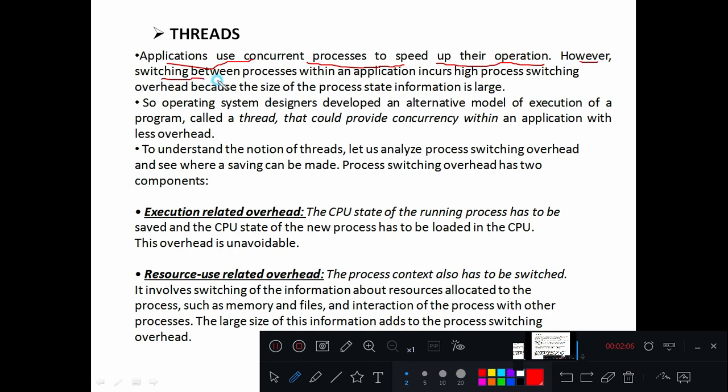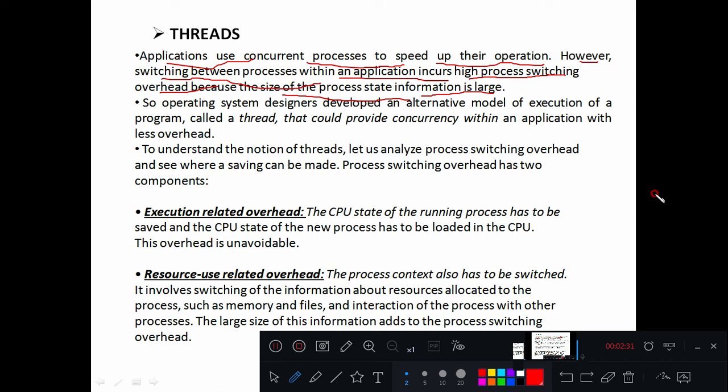However, switching between the processes within an application incurs high process switching overhead, because the size of the process state information is large, right? So when it comes to a process, the process should handle a number of tasks, like switching between the processes, then scheduling of processes, then modification of the process control block.